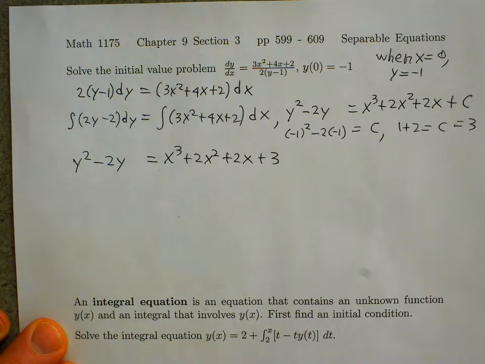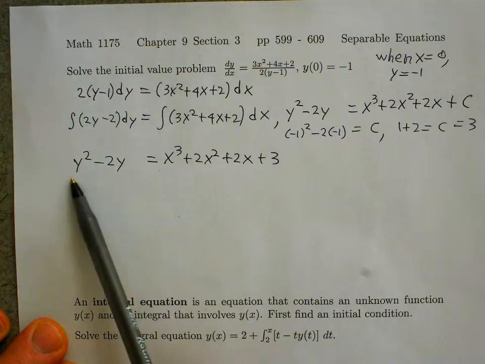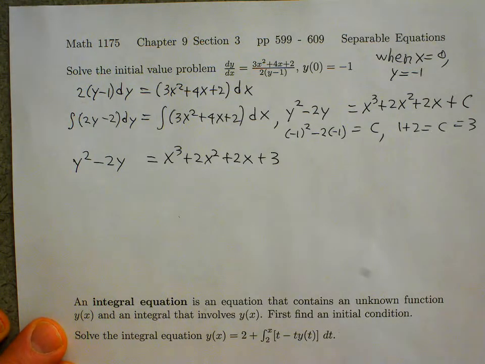So we need to find a number to add to y squared minus 2y so that it's a perfect square trinomial. We want a perfect square trinomial because the two factors of a perfect square trinomial are identical. So in other words, after we complete the square, we'll be able to write it as a binomial squared.